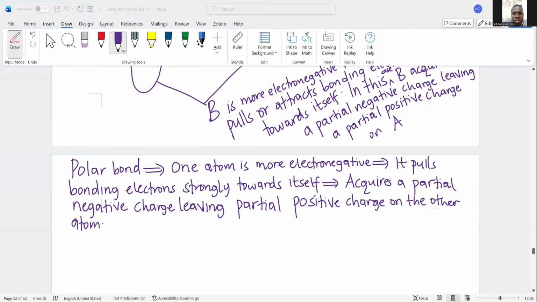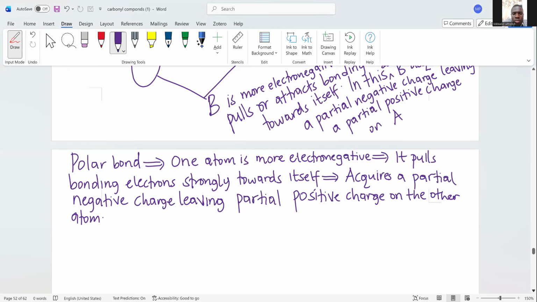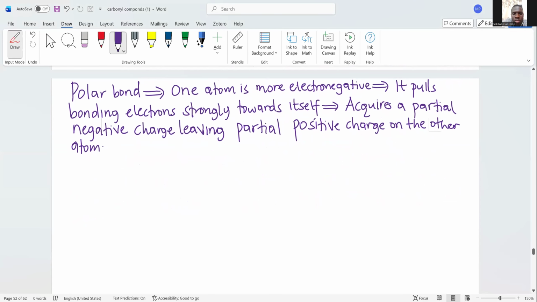Allow me to share. Okay, before I share, for example, if I have HCl. In your O level you were writing H with a plus and Cl with a negative, but you did not know where those charges were coming from. Do you know where it comes from?